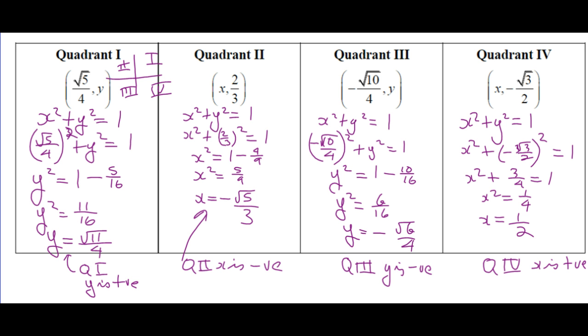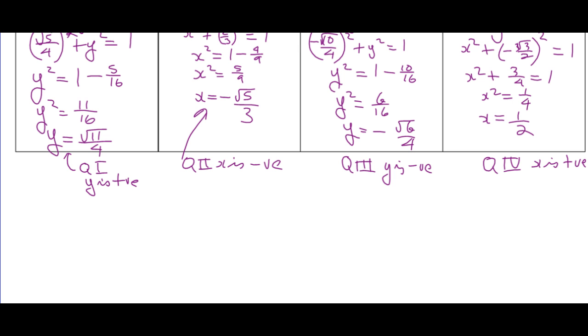Okay, any questions? Yeah. The second last step in the quadrant 3 one. What about if we had reduced the fraction at that step? Oh. So it would have been a different answer. Yeah. So here's what would have happened. Let's say we got y squared is 6 over 16, which we're going to say is 3 over 8.